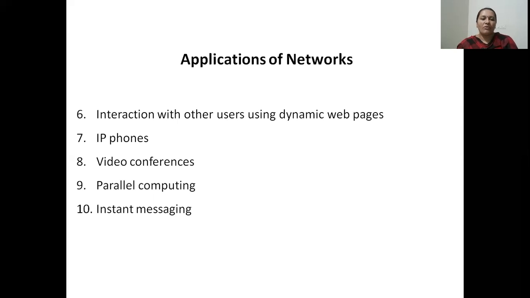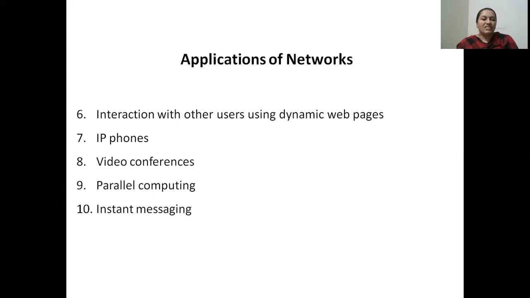Instead of keeping one powerful computer to solve a complex task, we can get the complex task done by dividing it into smaller and simpler subtasks on simple configuration computers as well. So that's one of the major applications of networks.